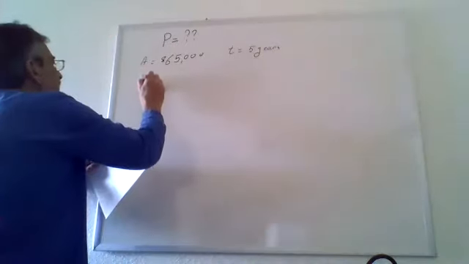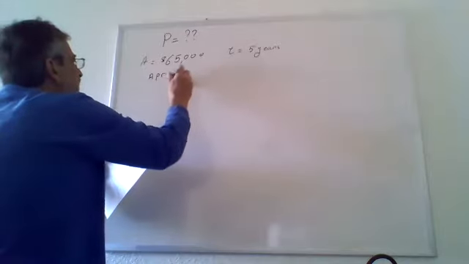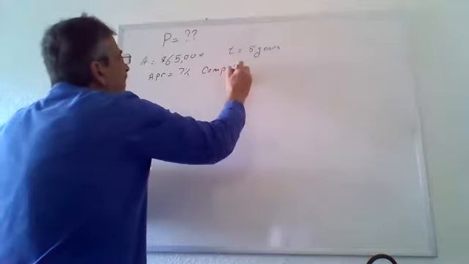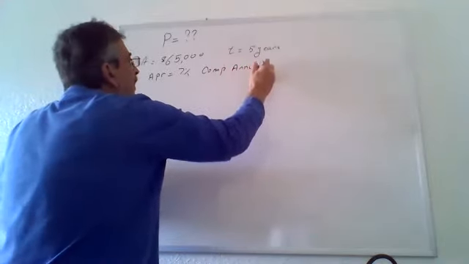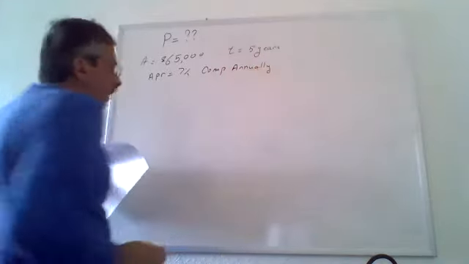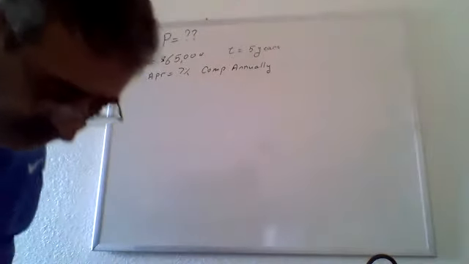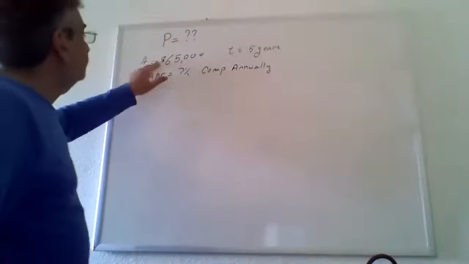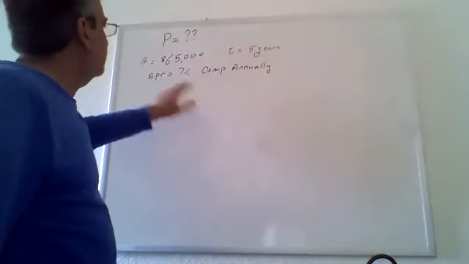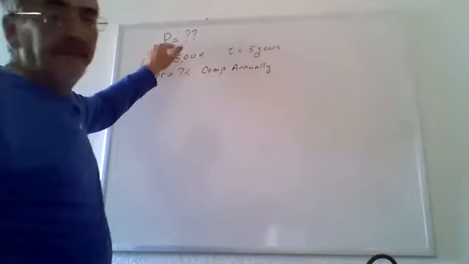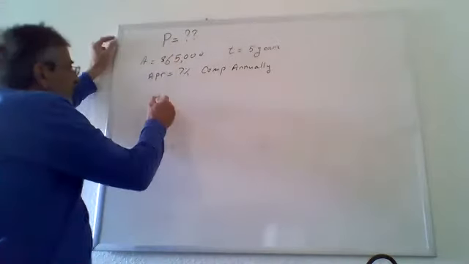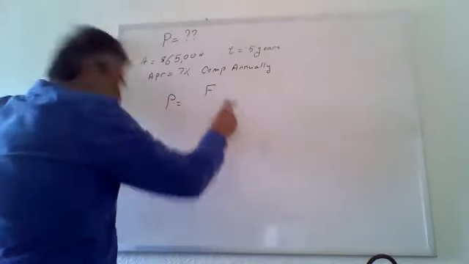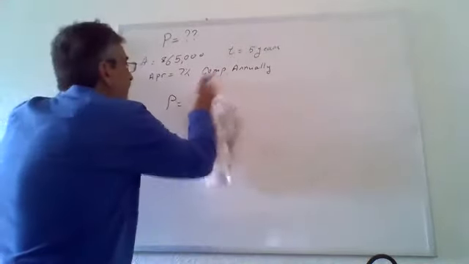So we have APR equals 7% compounded annually. This problem is simple and easy. We're given the future amount, the time period, and the compounded interest, and we're looking for the present value. So the formula for that is present value equals the future value, or let me use A instead of F.